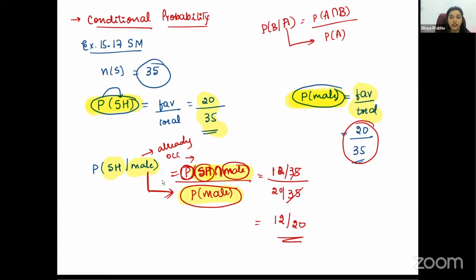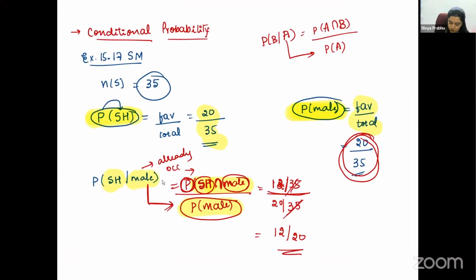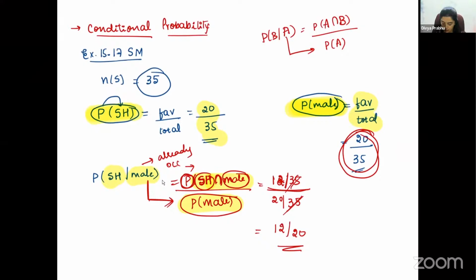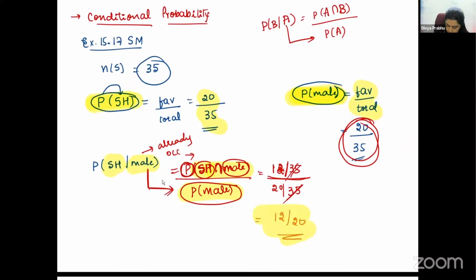There are 12 service holders who are also males, which is 12 divided by 35, whole divided by the probability of male. We just calculated 20 by 35. 35 will get cancelled. What remains is 12 by 20. This is the conditional probability ultimately.